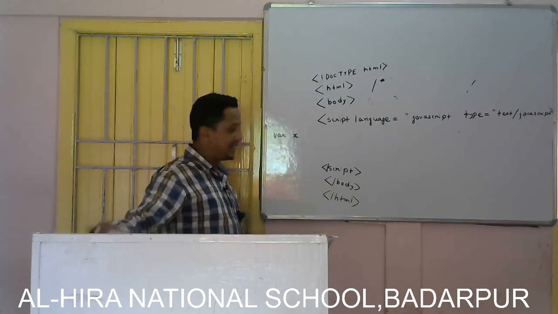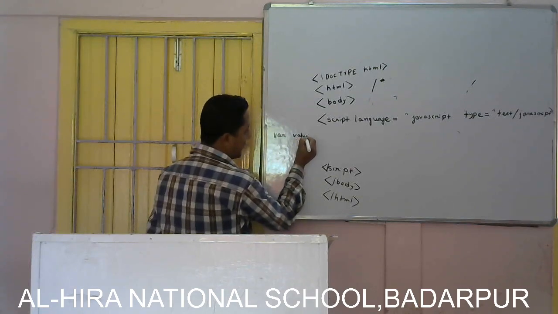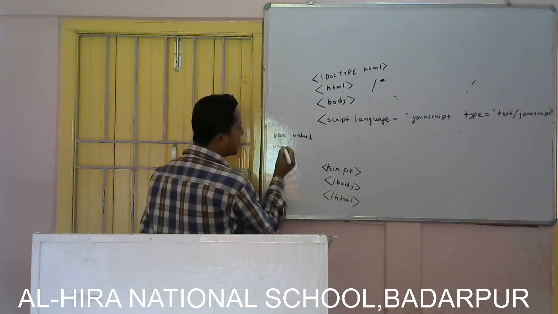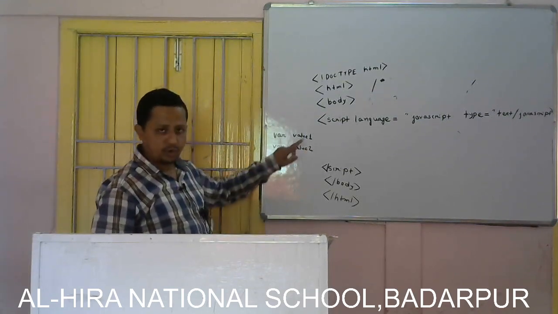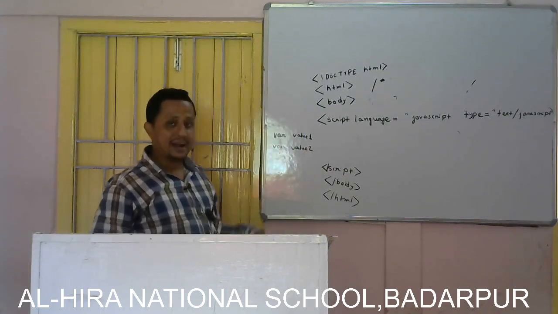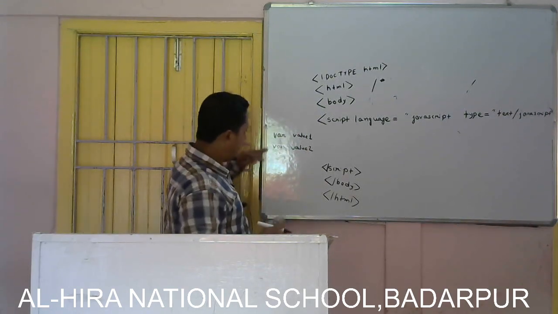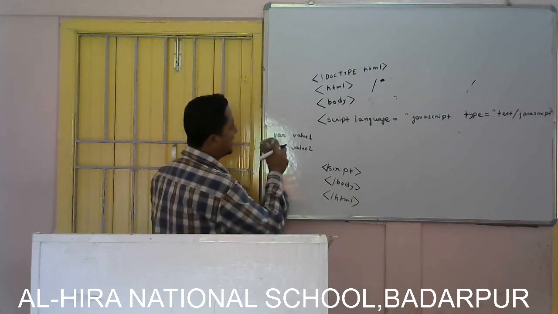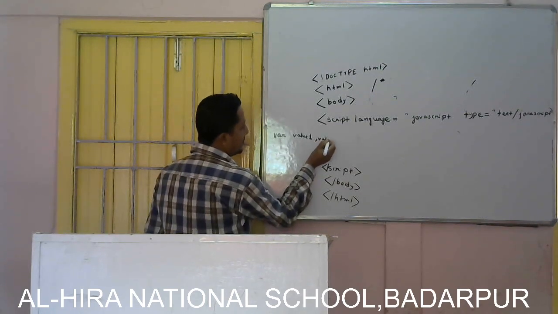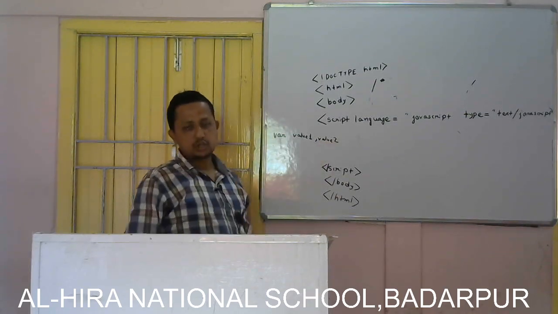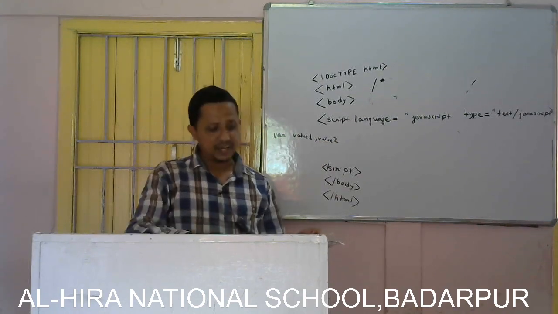I can write var value1, var value2. But in JavaScript, instead of writing twice, I can write it one time like this: var value1, value2. So this is how I can declare variables in JavaScript.